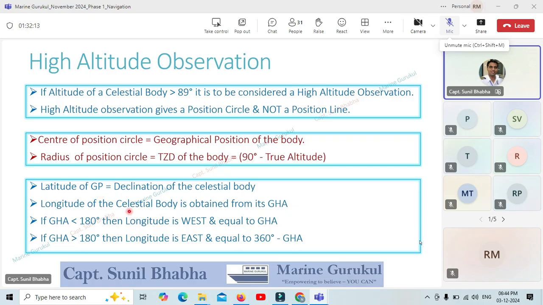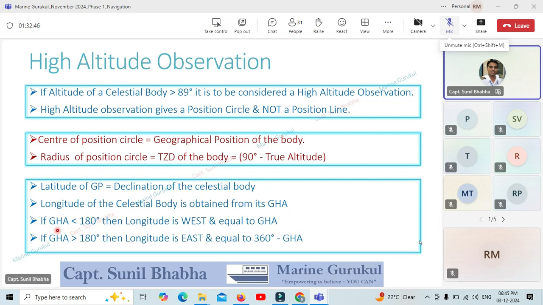The longitude of the GP is obtained from its GHA. If the GHA is less than 180, then the longitude is named west and equal to the GHA. And if the GHA is greater than 180, then the longitude is named east and equal to 360 minus GHA.